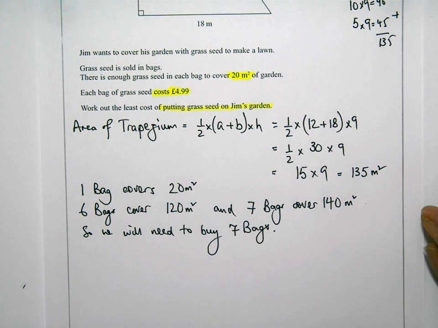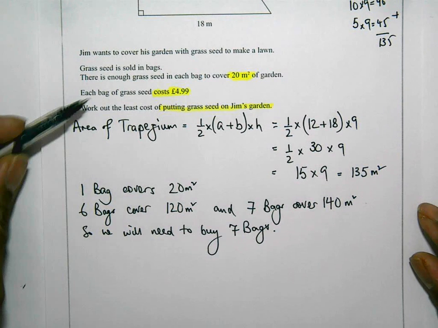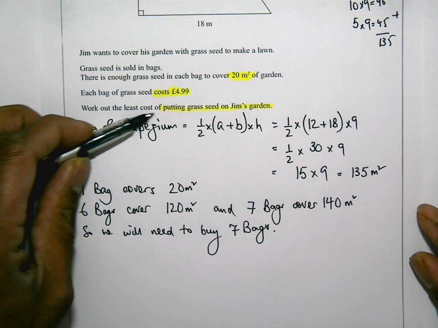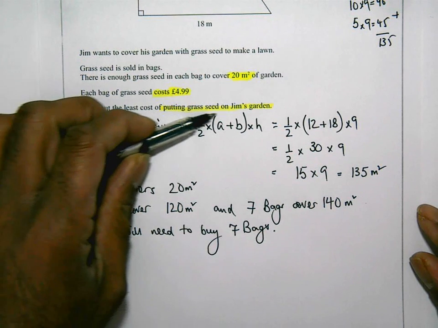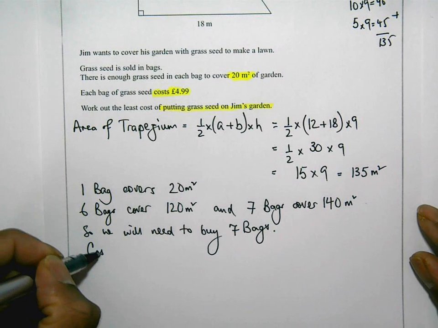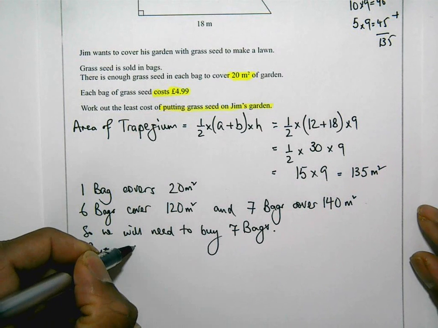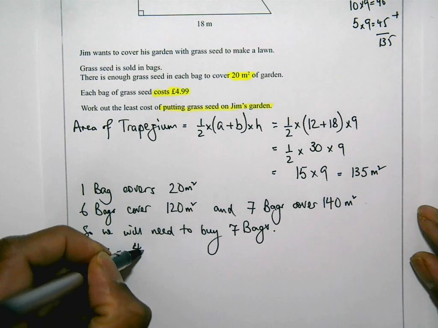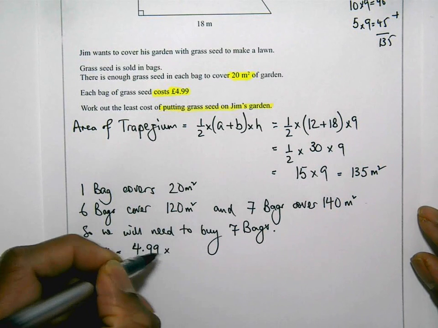Going back to the question, it says work out the least cost of putting grass seed on Jim's garden. So we want to work out the cost. Each bag costs £4.99, so I'm going to do £4.99 times 7.